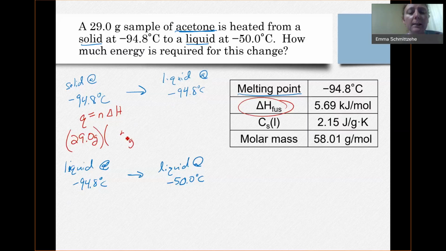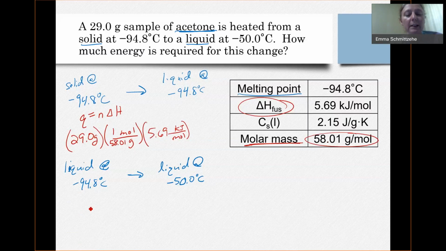Now be careful, the last examples we were using water, so it was 18.02, but here I give you the molar mass, okay? And so we need to use that 58.01 grams per mole. And then we can multiply by 5.69 kilojoules per mole to get the energy associated with that phase transition.